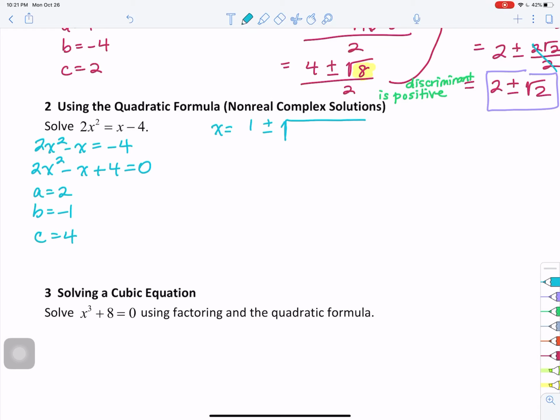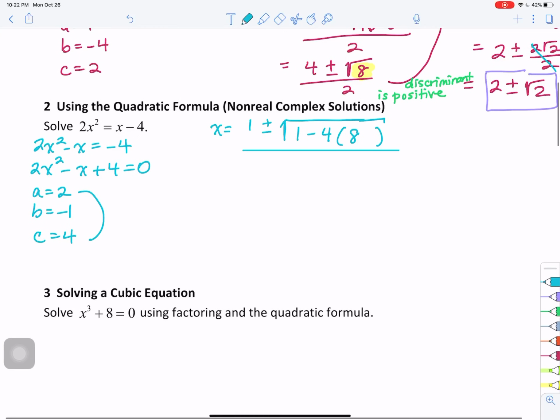plus or minus the square root of b squared, which is 1. B squared is 1, minus 4, and you'll open up those parentheses. What goes in those parentheses is a times c, and then all over 2a, which is 4. Okay?